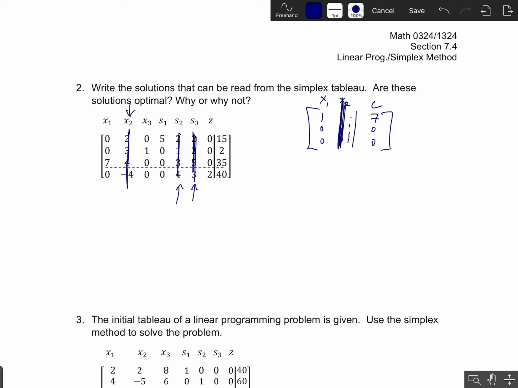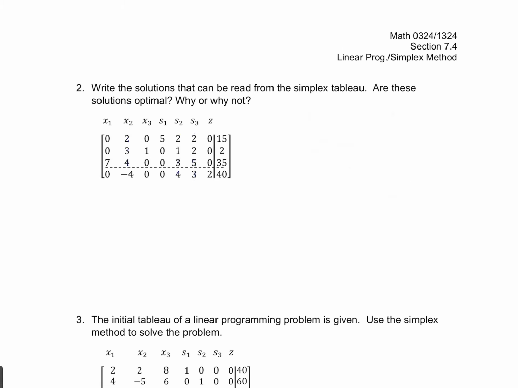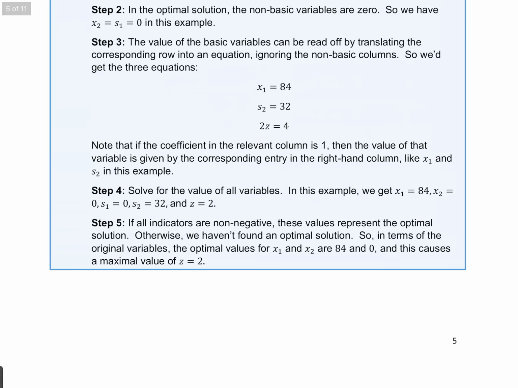So we don't want two basic columns that have the same non-zero entry. That's just a subtlety here. If you had the matrix that I just wrote down, you would translate it as saying that x1 equals 7 and x2 equals 0, because it has the same non-zero entry that we already used in a basic column.